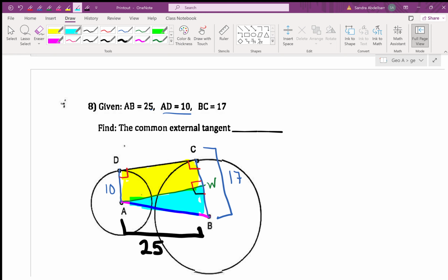Excellent, excellent, excellent. All right, so now we want to find the common external tangent. Which segment is the common external tangent that we're trying to find? Which segment in the diagram? Which one are we trying to find?